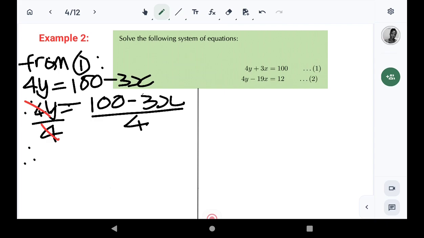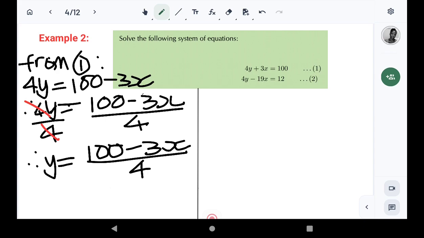Therefore, y equals to 100 minus 3x over 4. And now you substitute. Substitute into equation 2.